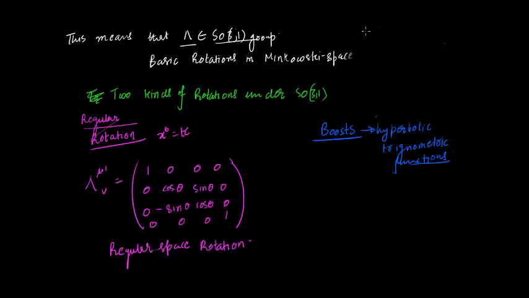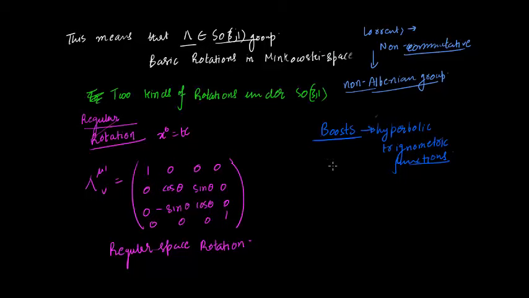So Lorentz transformations are non-commutative, and this obviously means that they will form a non-Abelian group. Okay, so they are non-commutative, they don't commute, and they will form a non-Abelian group. That is a general thing, so they are a part of a non-Abelian group.